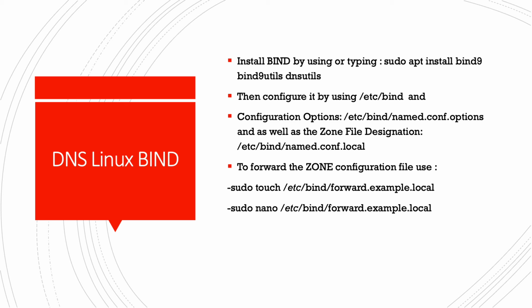You will configure your BIND by using the command lines I mentioned below. To forward any type of zone configuration, you will want to use the command lines sudo touch etc bind forward example, as well as sudo nano etc bind forward example. These command lines will help with the installation and configuration process of using BIND, however you pronounce it.